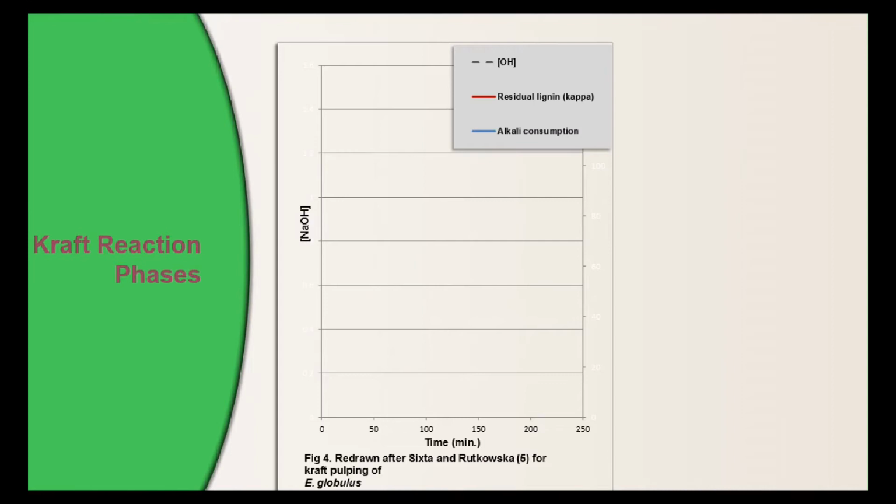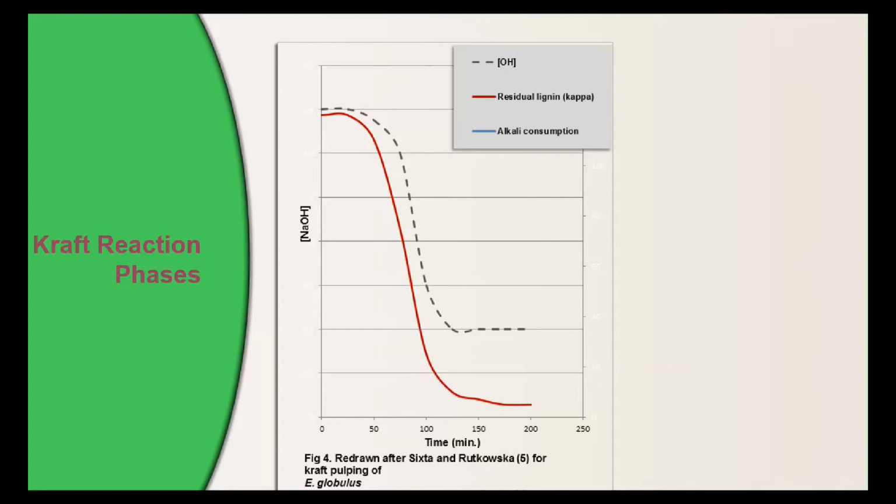Okay, so let us now consider the Kraft reaction. We have seen this graph before where we have shown the change in the alkali concentration as the reaction progresses, and then we've also seen how lignin is dissolved and how the amount of lignin that's still left on the fiber changes as the reaction progresses.